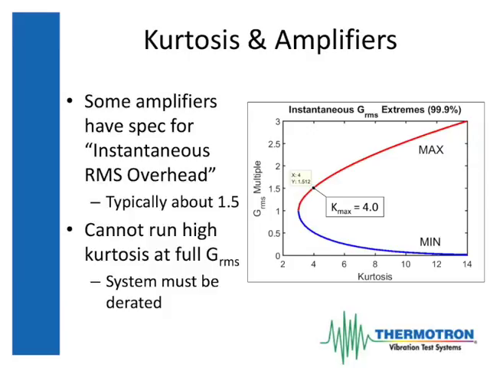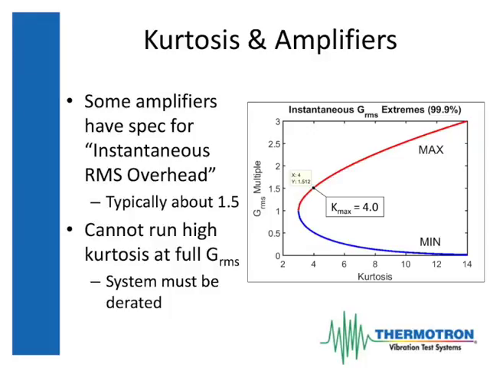And you can see that you don't really have to turn kurtosis up very far, to a value of 4, and you're already above the instantaneous RMS overhead of most shakers, of most amplifiers. Again, the upshot is the same. You can't run at full GRMS, and so as soon as you turn kurtosis on, the system has to be derated.